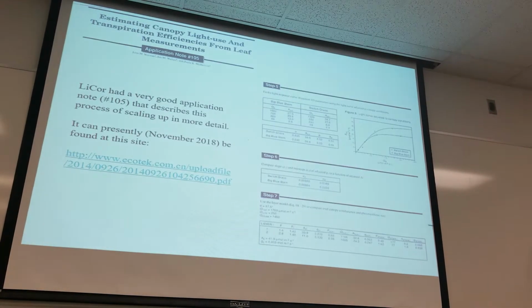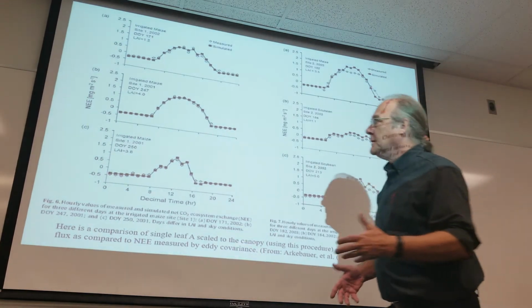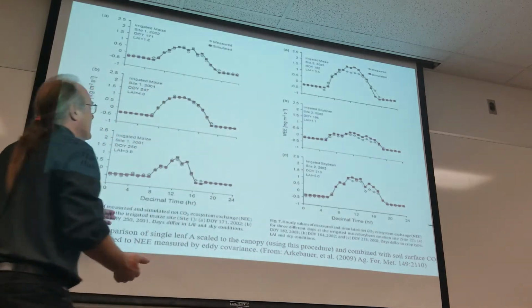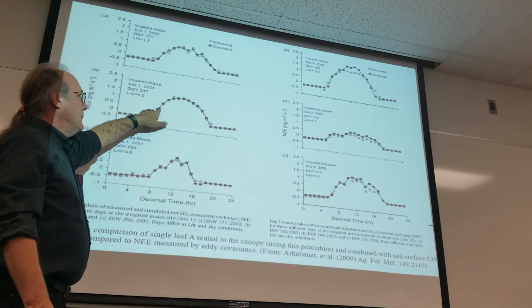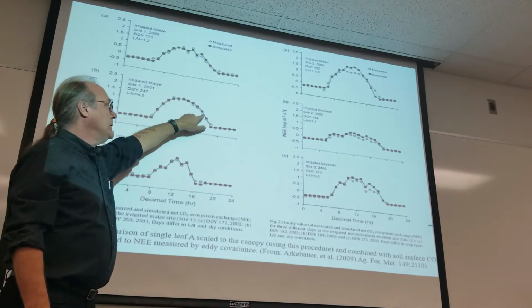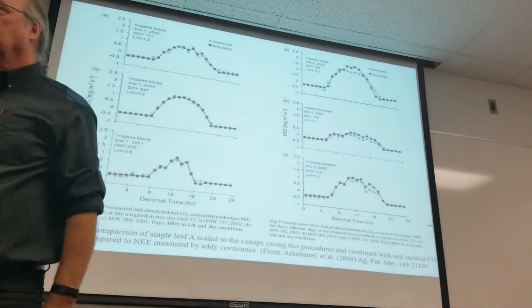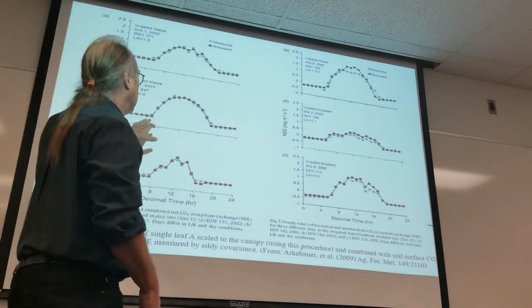It's amazing how well this first approximation works in many conditions. Here's an example: irrigated maize up at Mead. We can match the eddy covariance values pretty well, just assuming light is the only thing that affects stomatal conductance or photosynthesis.